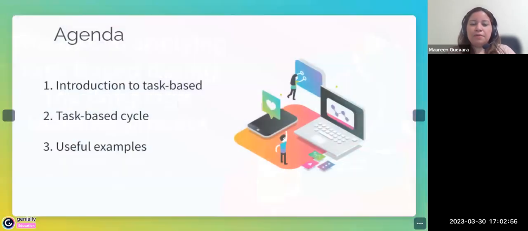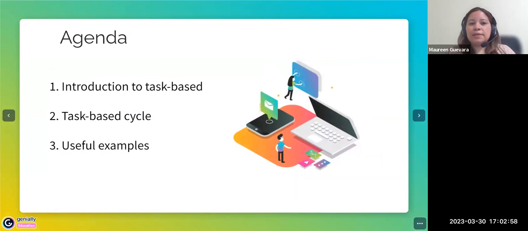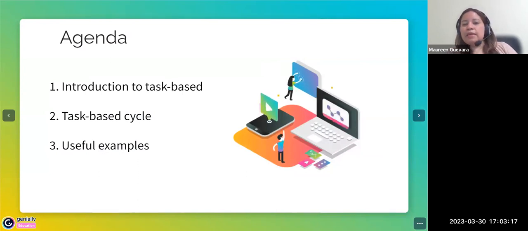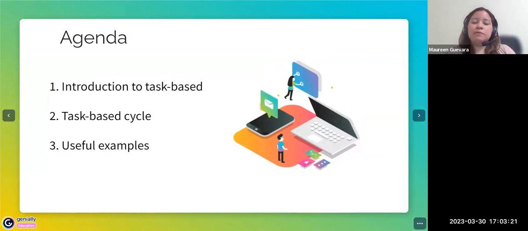I will tell you a little more about task-based instruction and the task-based cycle, so that we have a clear idea of what it means and how to implement it during the learning process. I also am going to share some useful examples so that you can see it's maybe not that difficult. Probably at the beginning it can be a little confusing, but later, when you start working with it, you're going to see its advantages.